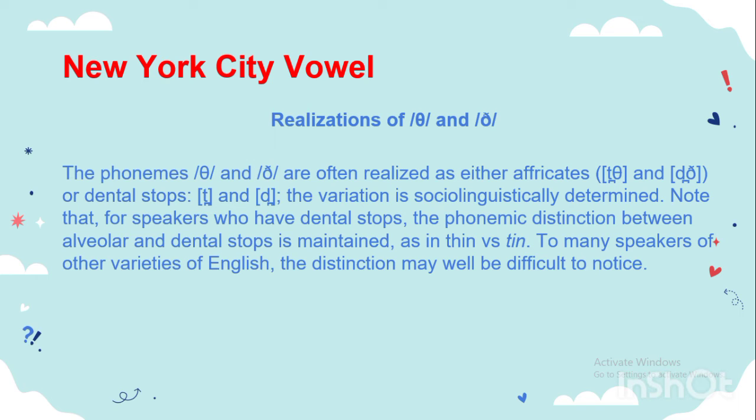Note that for speakers who have dental stops, the phonemic distinction between alveolar and dental stops is maintained, as in the word thin versus teen. To many speakers of other varieties of English, the distinction may well be difficult to notice.